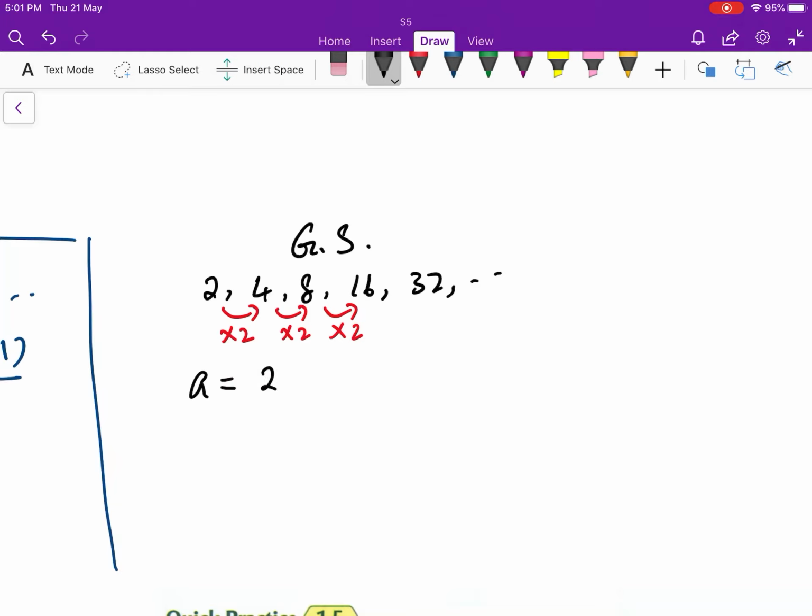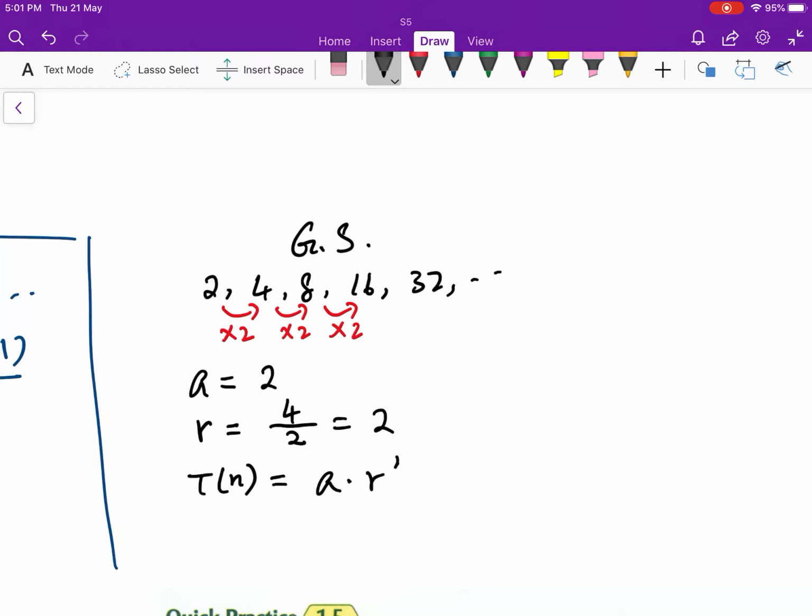In the previous AS we used D, the common difference; here we use R because it is the common ratio. How can we find the common ratio? Use the next term divided by the previous term, so the common ratio is 2. Then our general term Tn is A times R to the power n minus 1, so in this question it will be 2 times 2 to the power n minus 1.